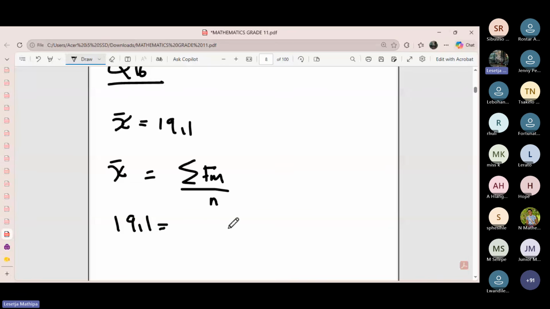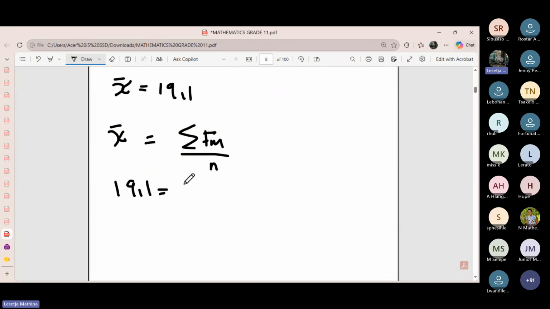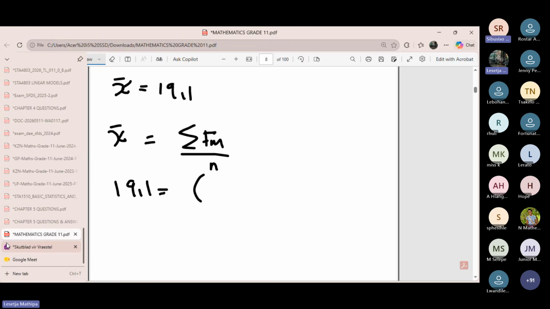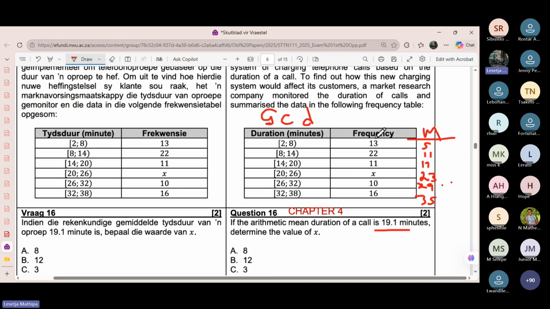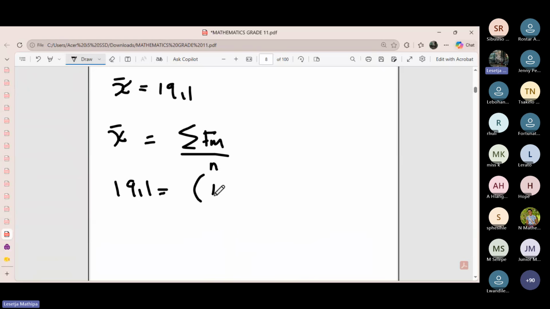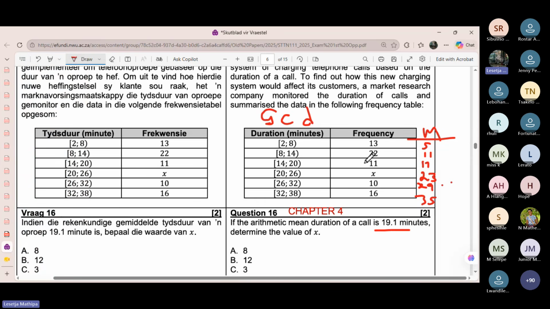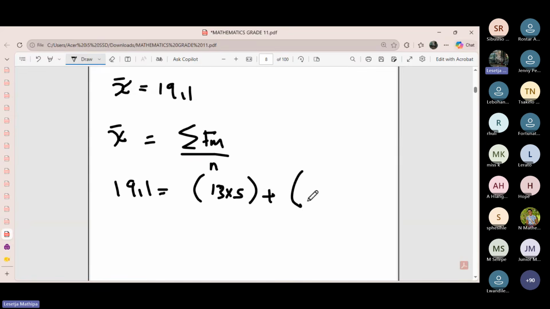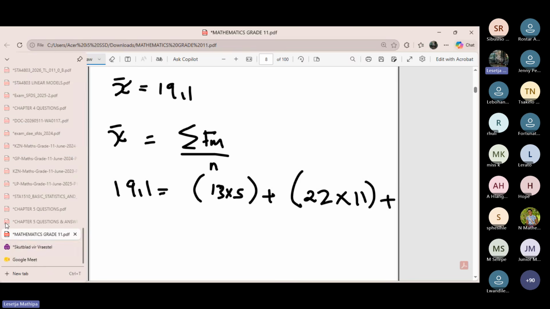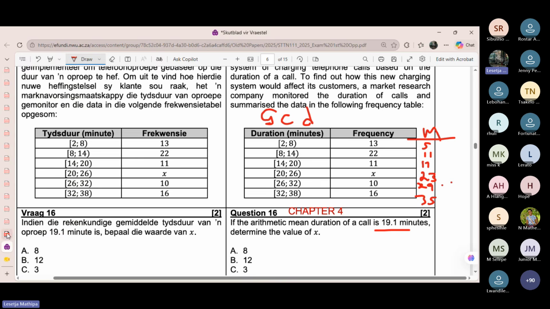Now the summation of fm. The first one is the frequency 13 multiplied by the midpoint 5. Plus the second one, 22 multiplied by 11. Plus the third one, 11 multiplied by 17.